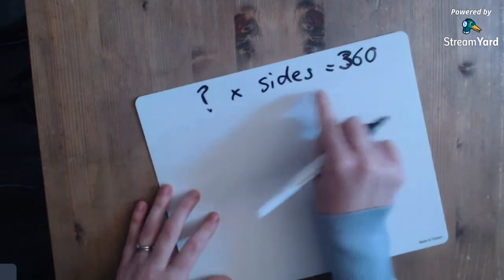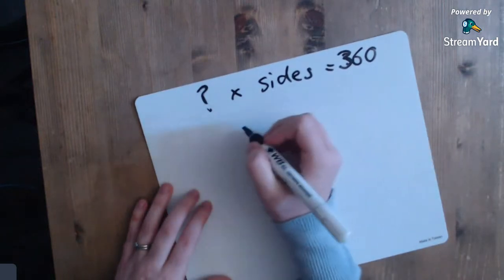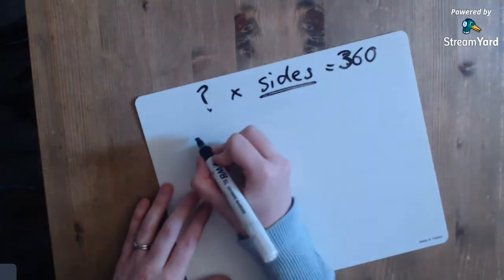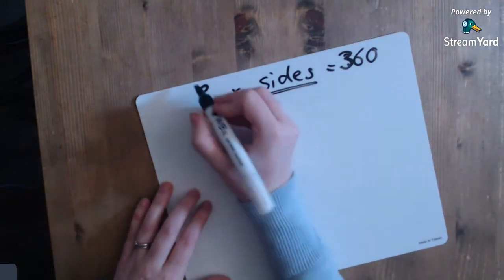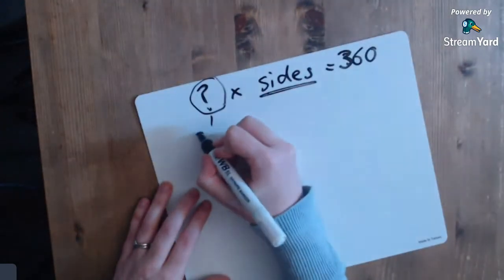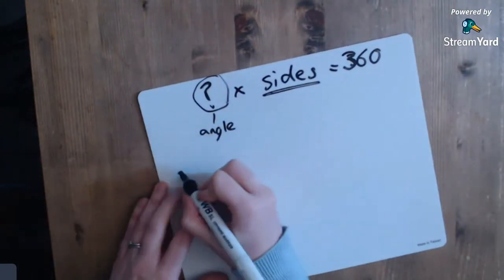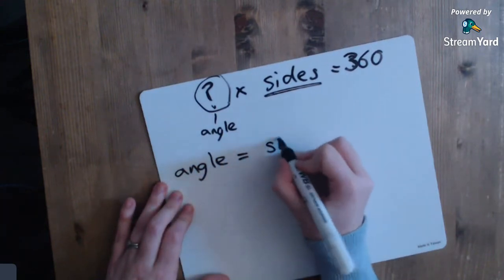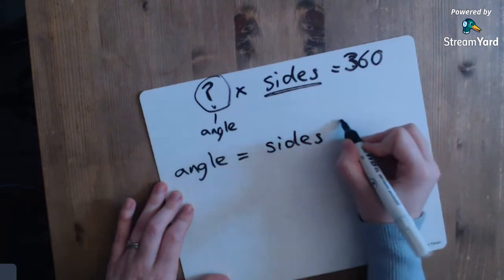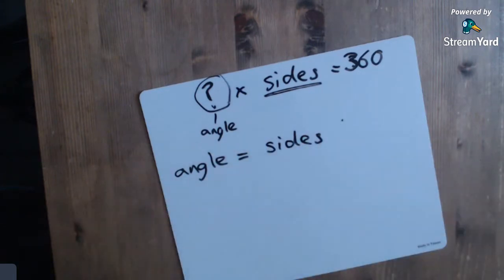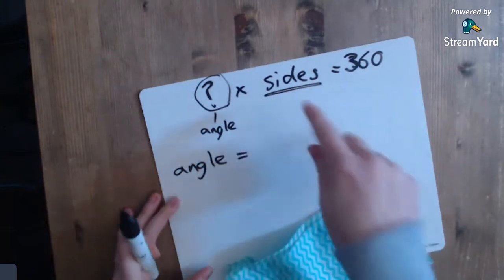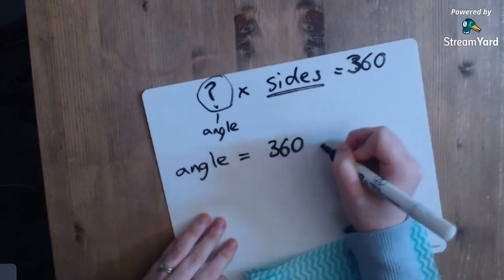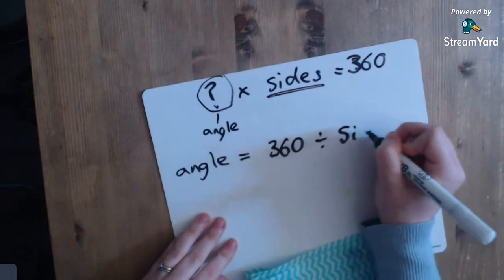How do you get this on the other side? Well, if we know how many sides we have, we can say angle, because this is what the angle is. Angle equals, sorry, other way around, because if we divide on both sides here, 360 divided by sides.